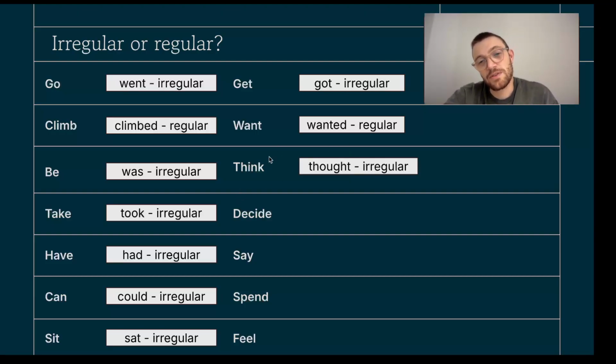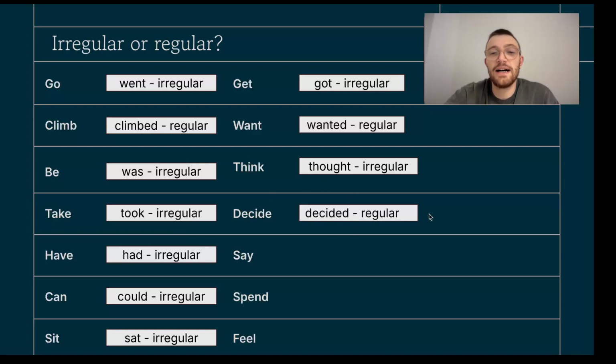Think becomes thought, which is irregular. I thought I wanted pizza, but actually I wanted hot dogs. Decide, decided, is regular. I decided to buy hot dogs instead of pizza. Said. The pizza guy said, you should have canceled your order.